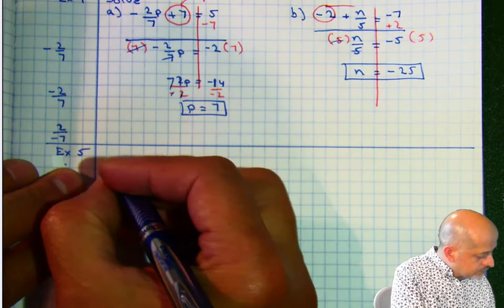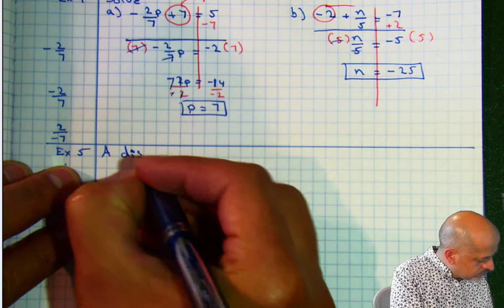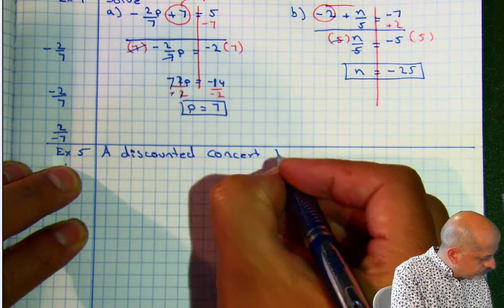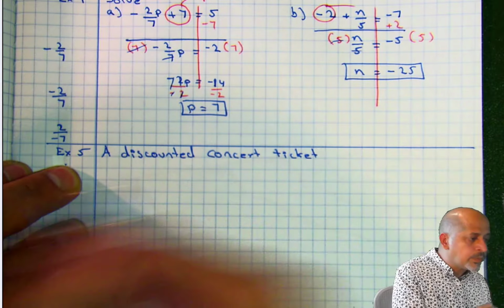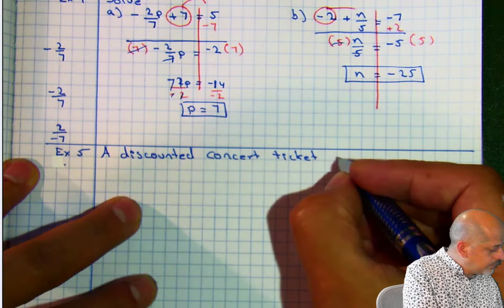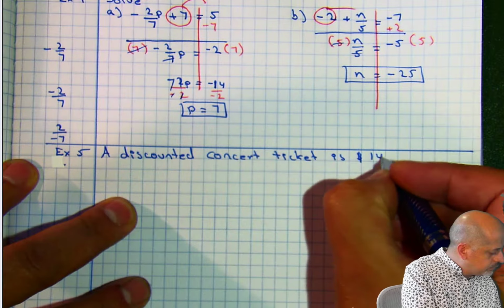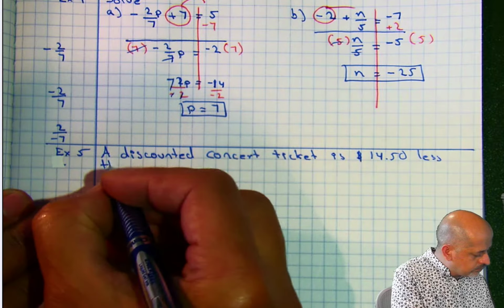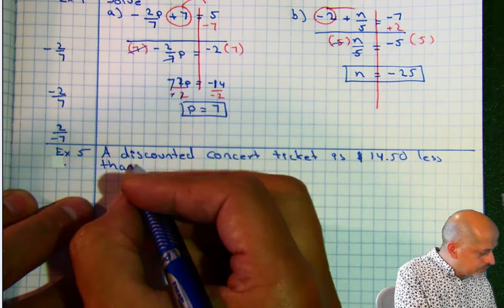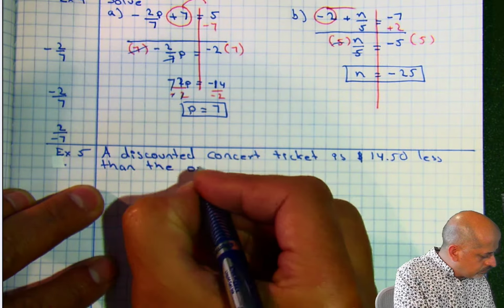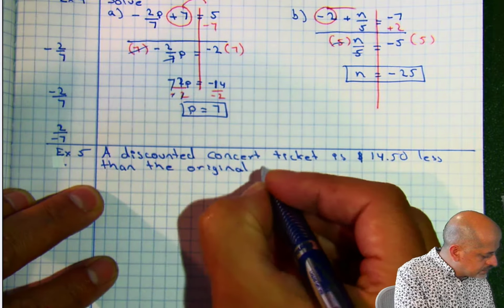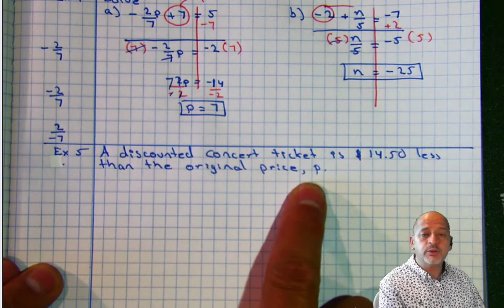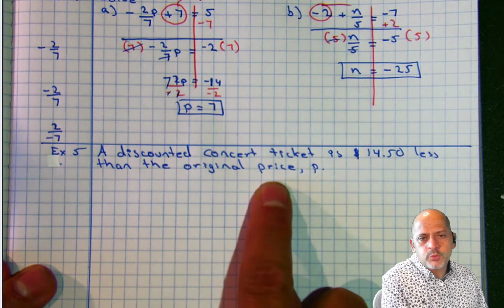A discounted concert ticket, so one that's been discounted, is 14.50 less than the original price, which will be P. So notice that they tell you that you have to use the variable P for price, and we should try to be able to match what it means.